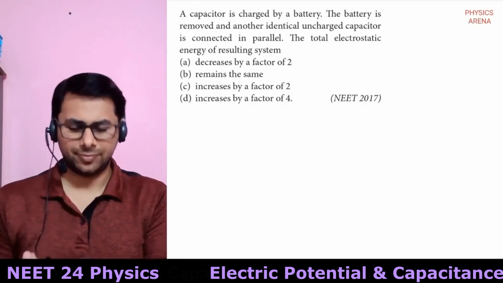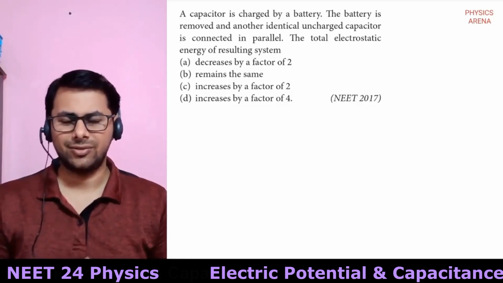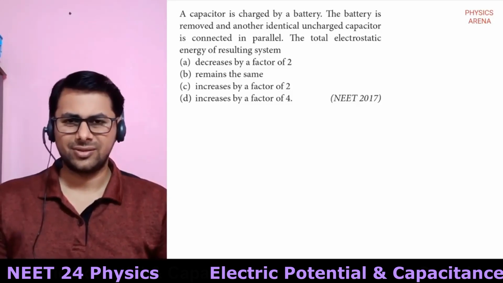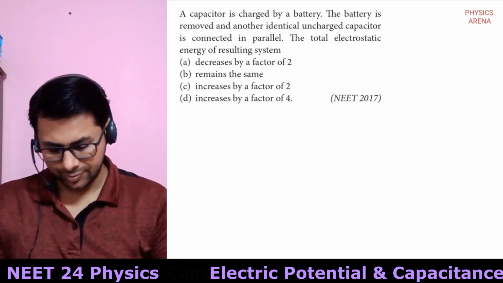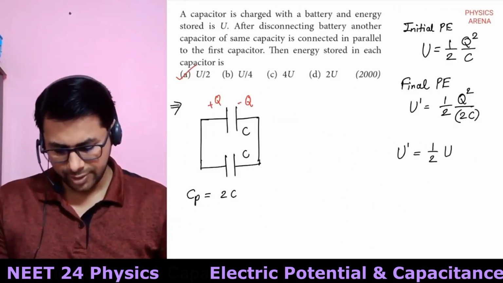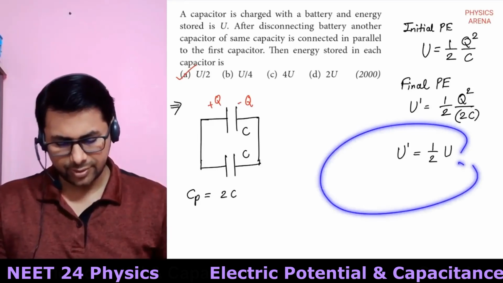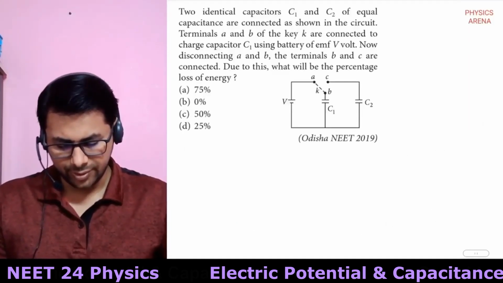Capacitor is charged. Then you remove the battery. Another capacitor is connected. What happens? Decreases by a factor of 2, right? We have solved this question. It is this one. Okay, so this is repeated.